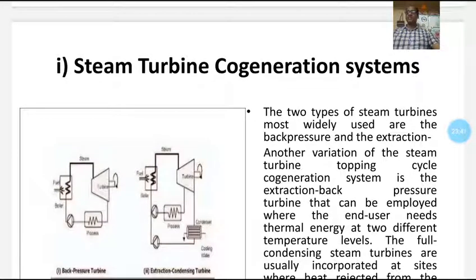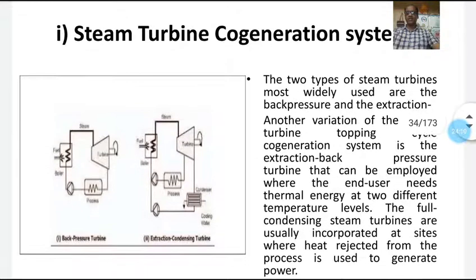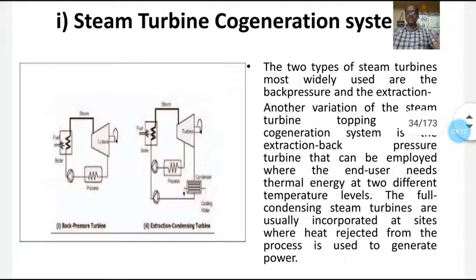In a steam turbine cogeneration system, there are two types of steam turbines most widely used: the back pressure turbine and the extraction turbine. And another version of steam turbine, in the topping cycle cogeneration system, is the extraction back pressure turbine that can be employed where the end user needs thermal energy at two different temperature levels.